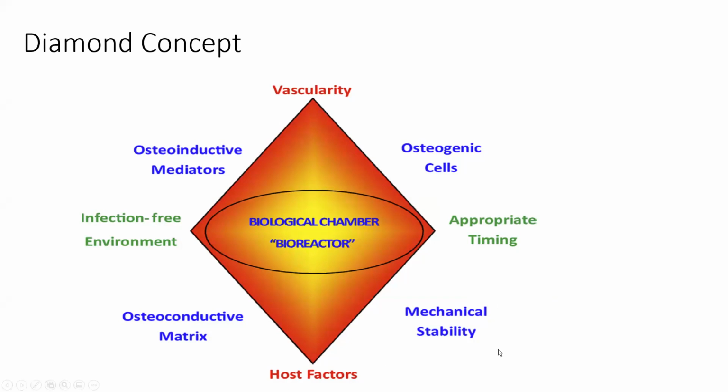You need to have mechanical stability, and these type of mediators, which will be present once you have this and this. And you need to give appropriate time specific to each fracture, which is roughly around 6 to 8 weeks for distal tibia or humerus or forearm, foot and ankle, and 10 to 12 for femur. And you need to have an infection-free environment. Masquelet does not work when there is an infection.